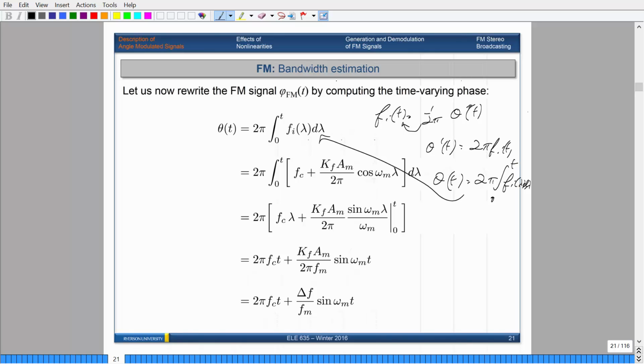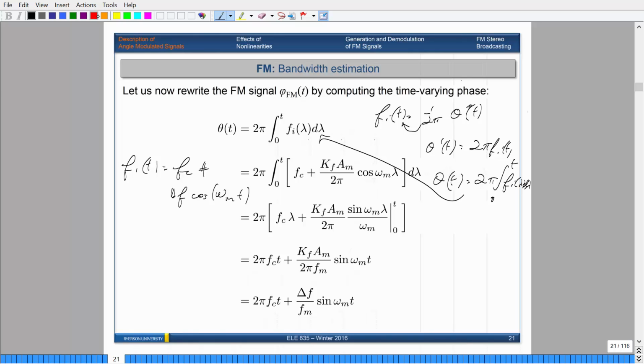Okay, so we're going to substitute f of i. From the past, we already knew this. This is basically just f_c plus delta f cosine omega_m t. So that's being substituted here, and then you're just integrating. So this is a plus. Sorry.